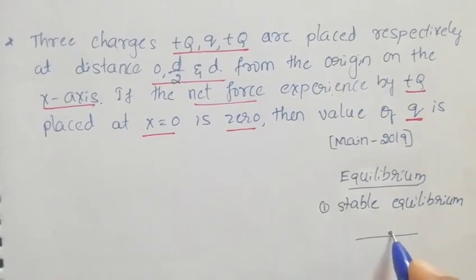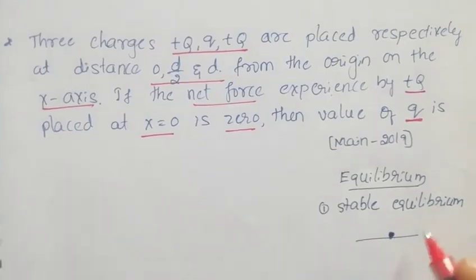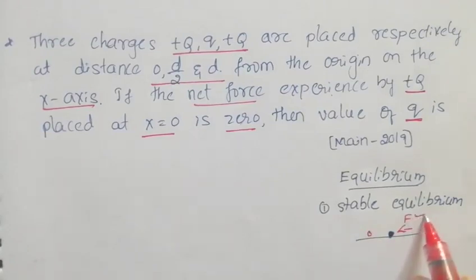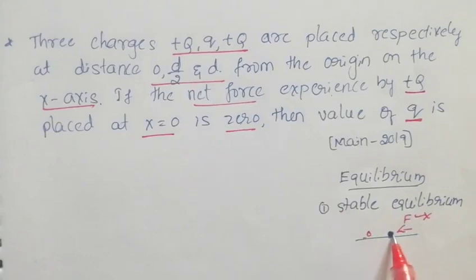Now I apply some force on this particle. After disturbing it, due to interaction or some other reason, it will acquire the same position. I disturb it, it comes somewhere here, and as soon as I remove the force, it comes back to here. Even after disturbing, if it acquires the same state again, that is what we call stable equilibrium.